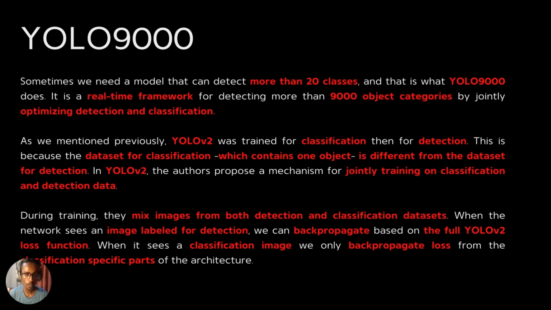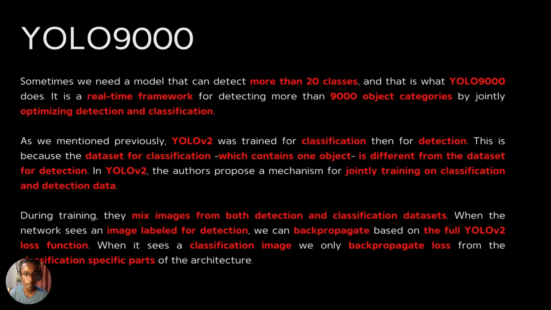It is a real-time framework for detecting more than 9,000 object categories by jointly optimizing detection and classification. As we mentioned previously, YOLO v2 was trained for classification, then for detection. This is because the dataset for classification, which contains only one object, is different from the dataset for detection.